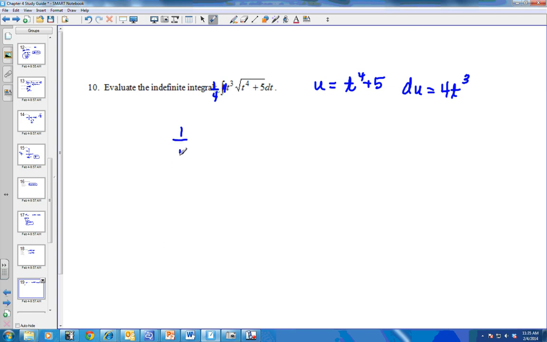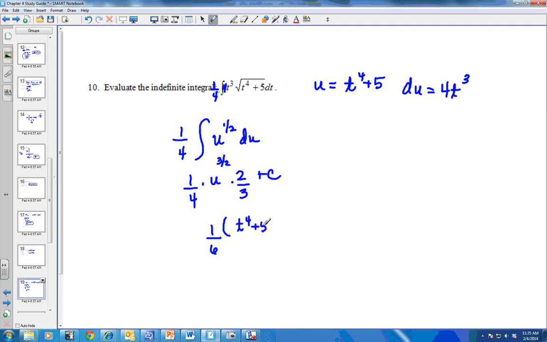So when I rewrite the problem, I have 1/4 u to the 1/2 du. Now I'm ready to integrate: 1/4 u to the 3/2 times 2/3 plus c. So that's going to give me 1/6. Substitute my u back in to the 3/2 plus c.